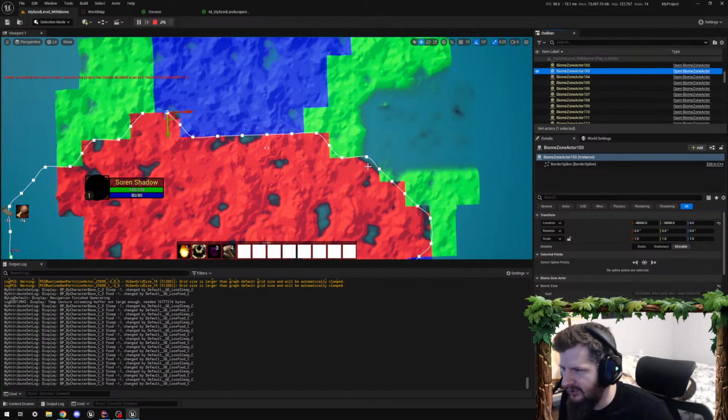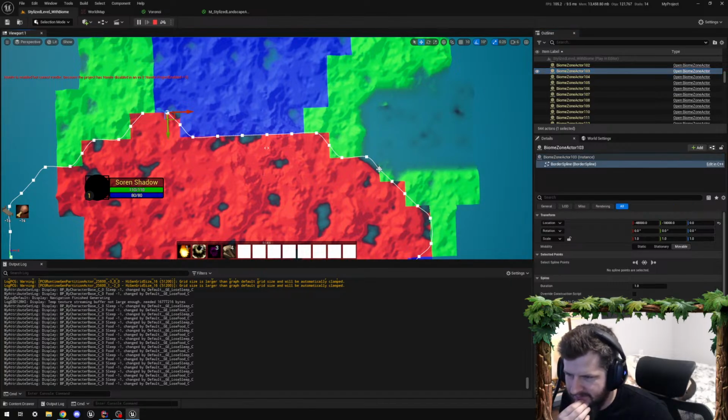I mean, that's just the chunk location. That's not even the location of the... Neither of these points are actually in that location. Oh, wait a second. Oh, it's relative. World. Okay, yeah. 48,000.